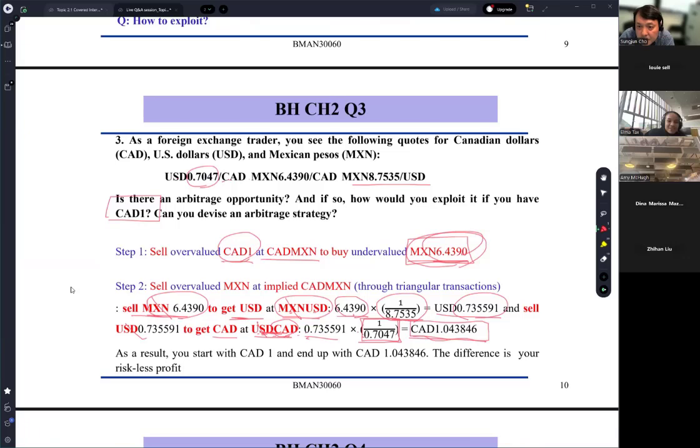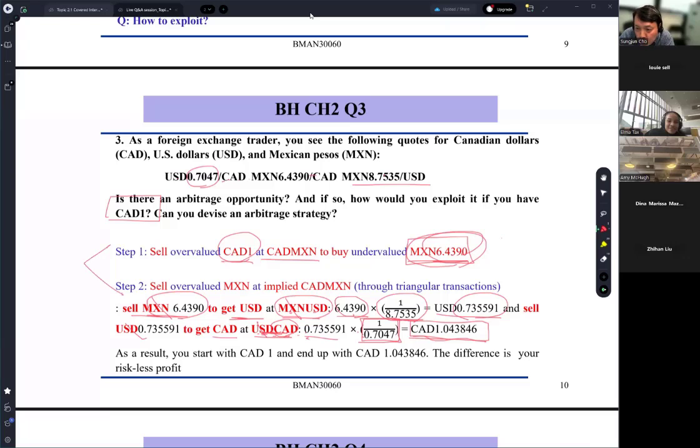Given 3 sets of prices, when you have 1 Canadian dollar, you have to think about whether you have arbitrage opportunity here or not. In order to determine that, you have to first find out 2 different prices for 1 transaction. In this case, I used the transaction of exchanging 1 Canadian dollar for Mexican peso.